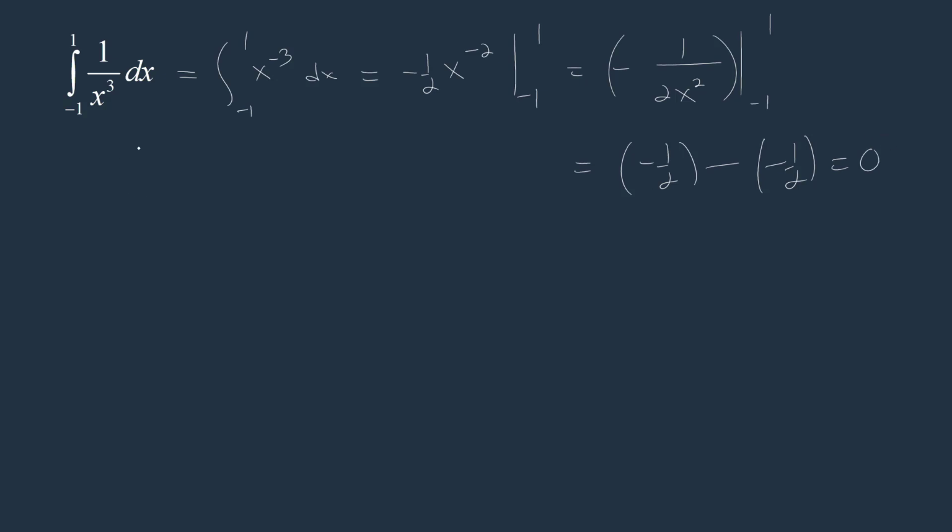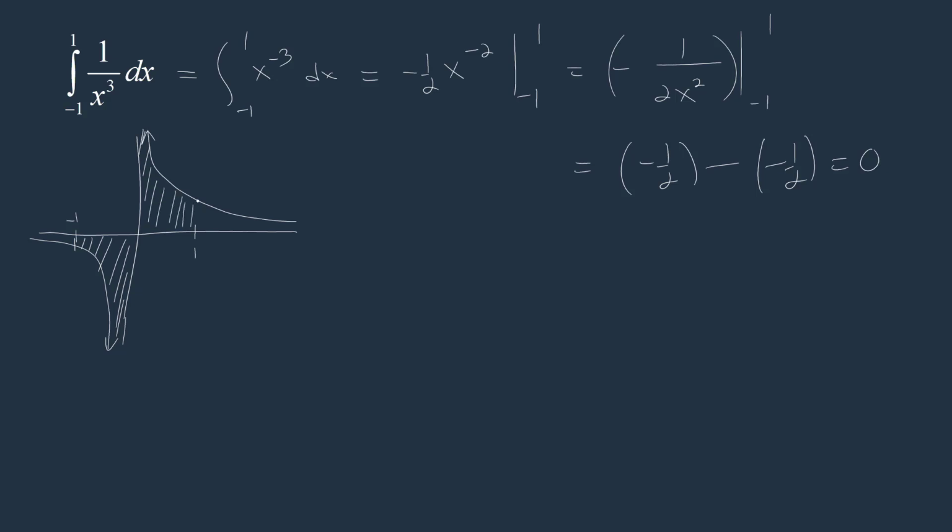But then you would come back and look at the graph just to check it. And you'd notice the graph of 1 over x cubed looks sort of like this if I had drawn it really well, which I probably didn't. And you're going from 1 to negative 1, so you would probably try shading it in.